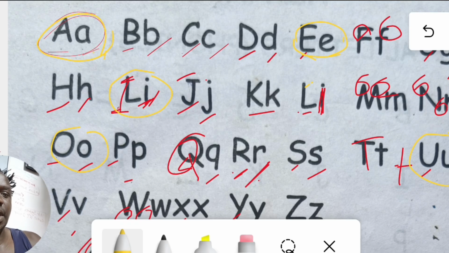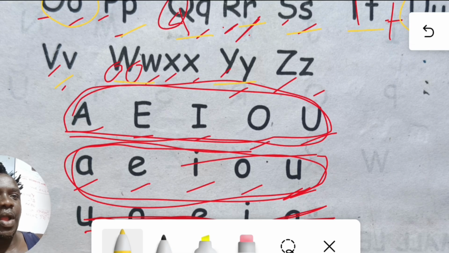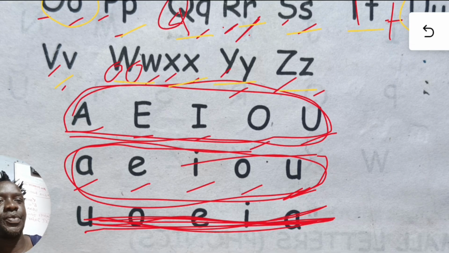The consonants are these ones: B, C, D, F, G, H, J, K, L, M, N, P, Q, R, S, T, V, W, X, Y, Z. Those are the consonant letters.